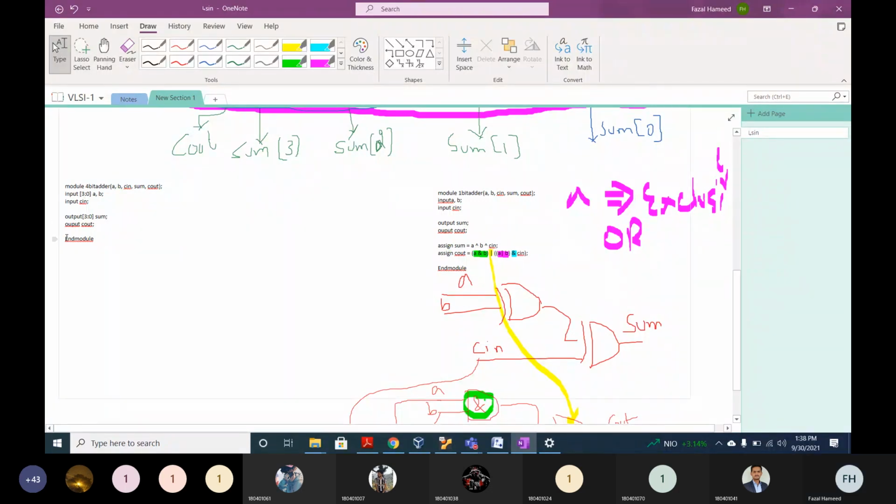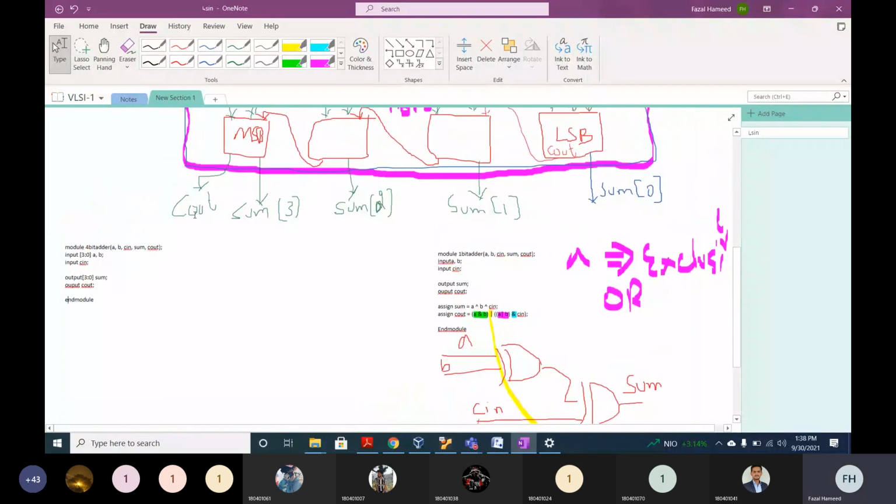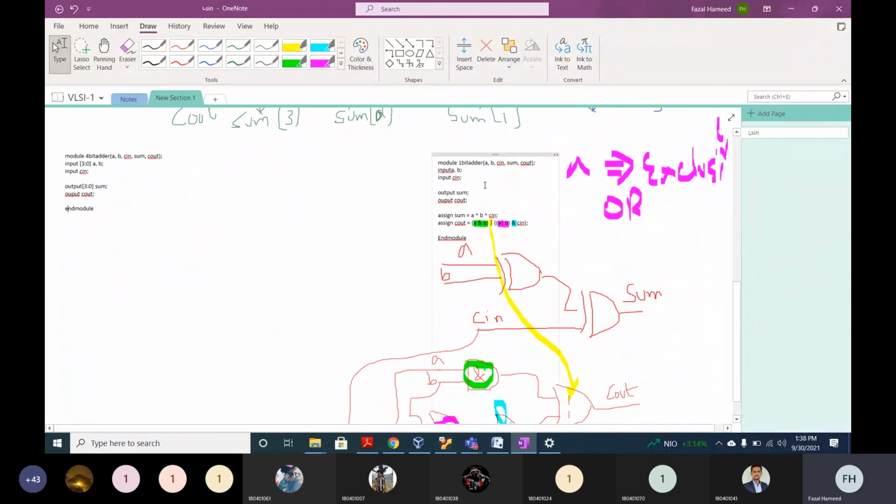Okay. And module. Actually, if you look at this one bit adder, this A, B, C in are the interfaces, and sum and C out are the interfaces to this one bit adder. Now, how many such one bit adders do we need? 4. Okay.